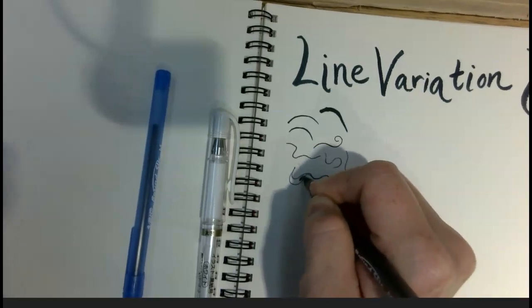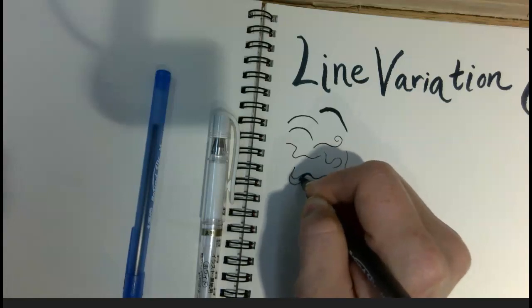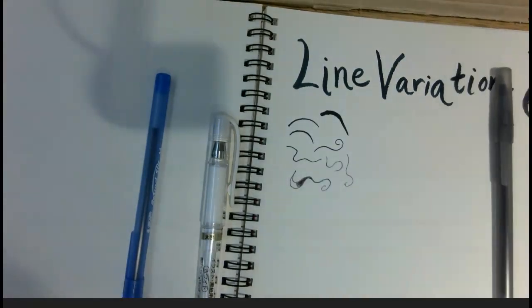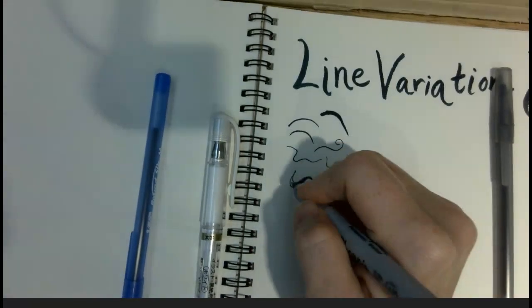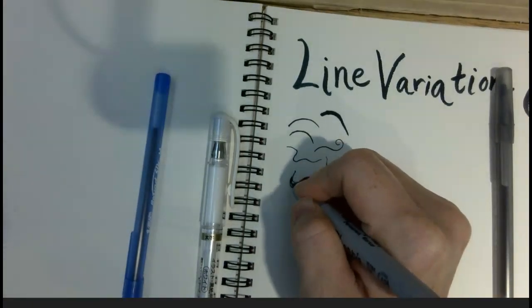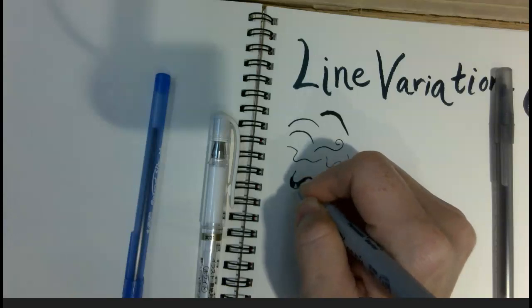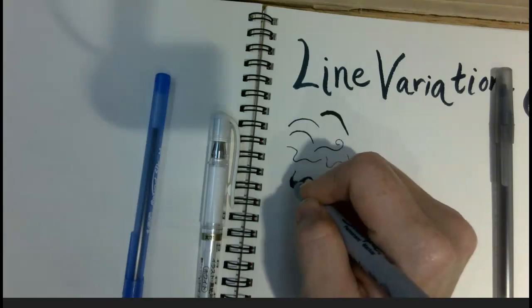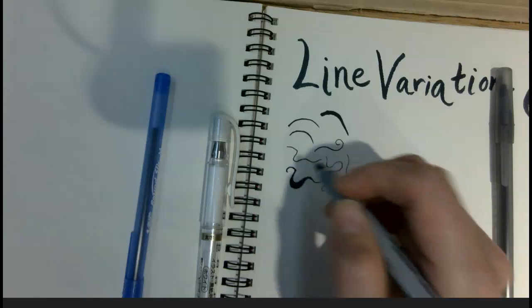You could add it with this same material. I'm now making this line appear to go from thick to thin, just filling something in like that. You can also start with this thinner tip and then switch to something thicker, filling that in, and or going over part of the line.